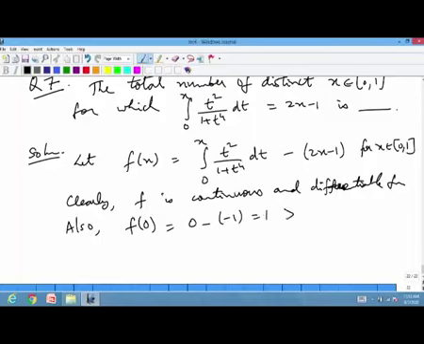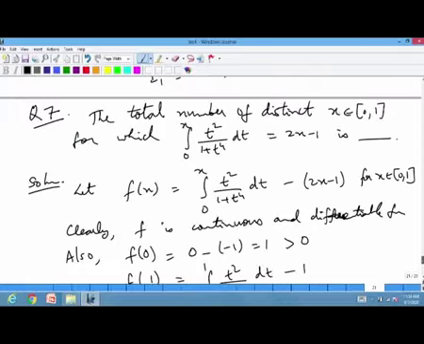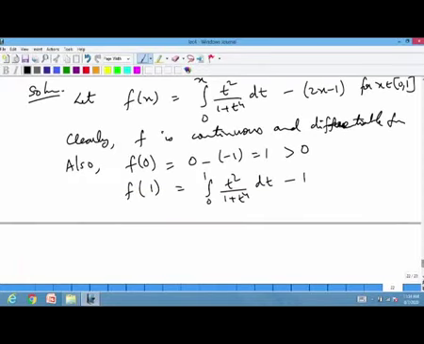So, f of 0 is positive, and if we put x equal to 1, then f of 1 is equal to the integral 0 to 1 of t squared by 1 plus t to the 4 dt minus (2x minus 1), which at x equal to 1 is 1. So, we have this integral minus 1.